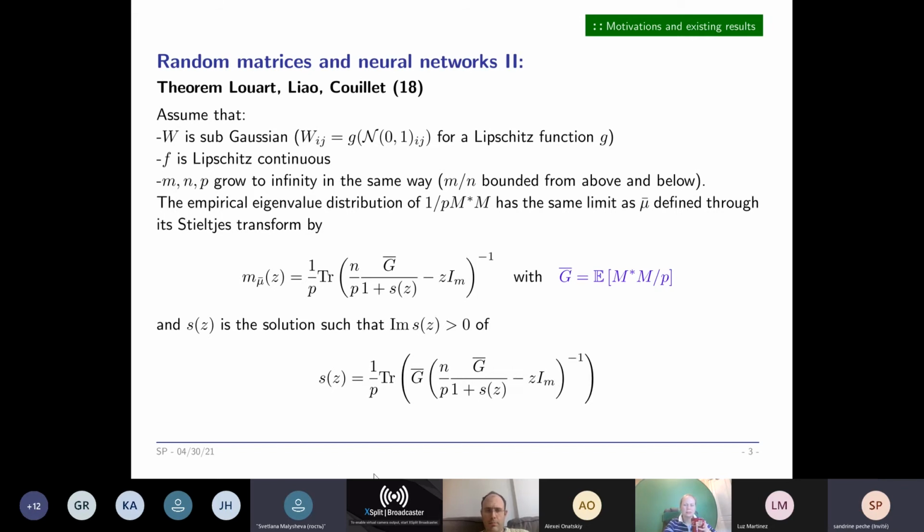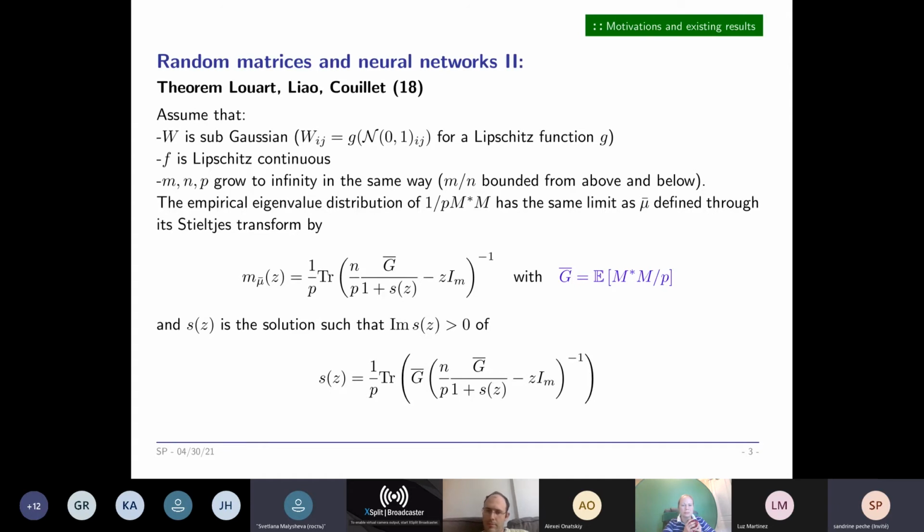the following results. So the empirical eigenvalue distribution of the matrix G has the same limit as another empirical eigenvalue distribution, which is defined through an equation for its Stieltjes transform.